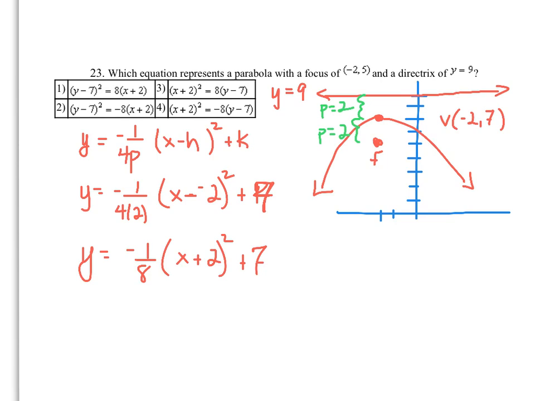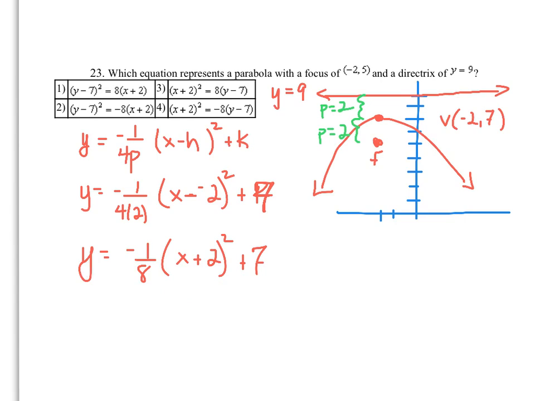So if I look at this, I notice a couple of things. The y is not by itself here, nor is it by itself here. So maybe I could take this 7 and bring it over to the other side of the equal sign.